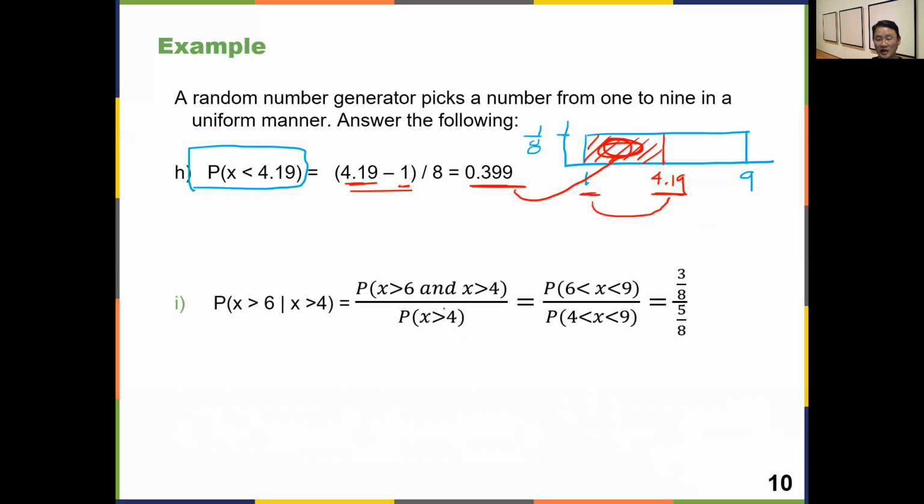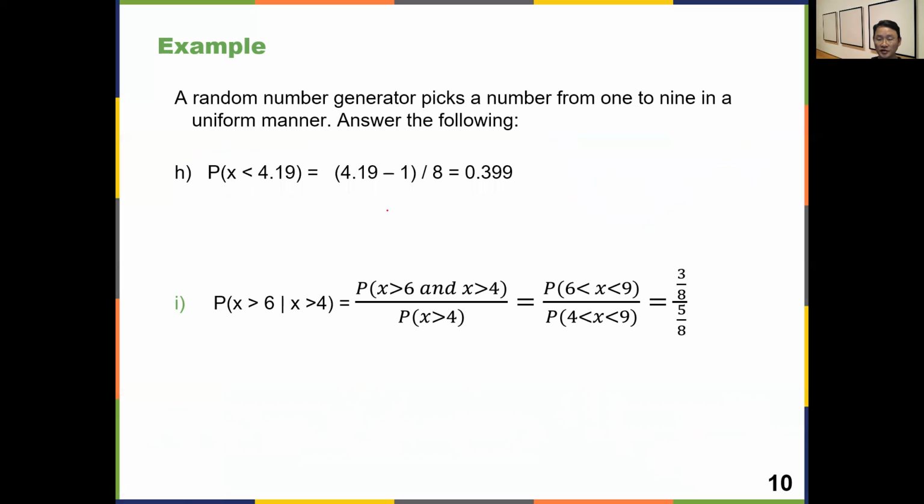Okay, now this is a handful. So let's check out this one. Do you remember this one right here? This is also known as the conditional probability, the given. So let me recap this.